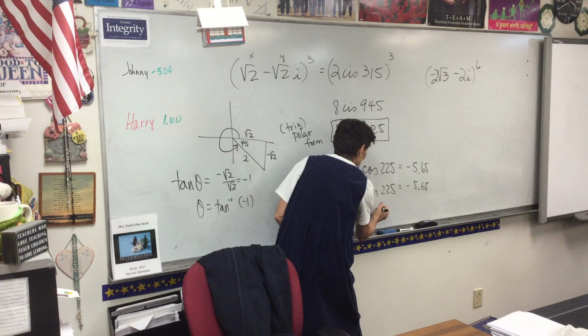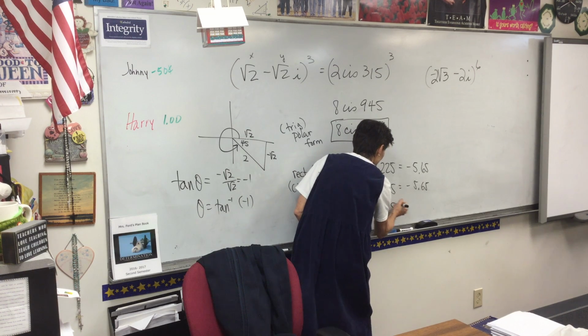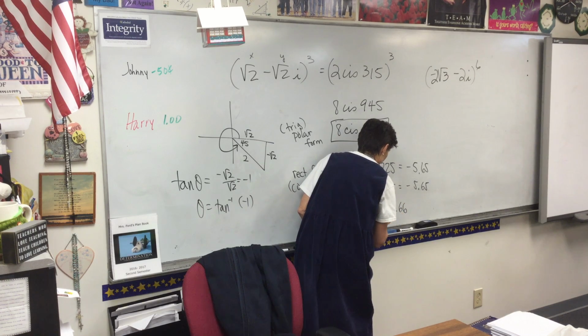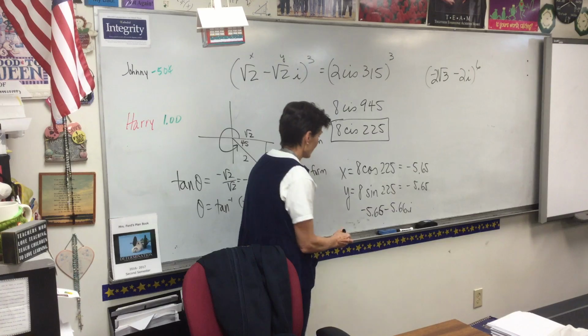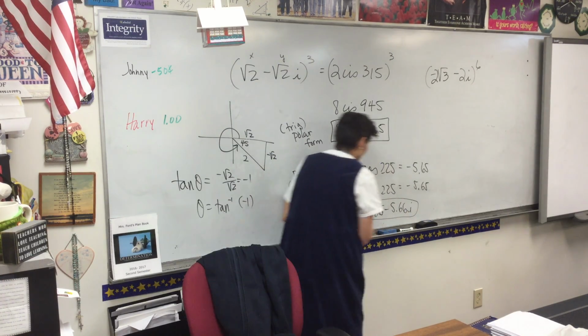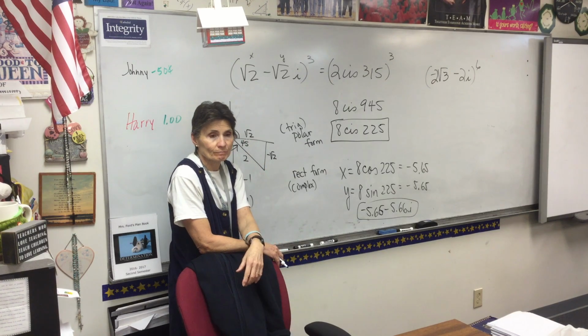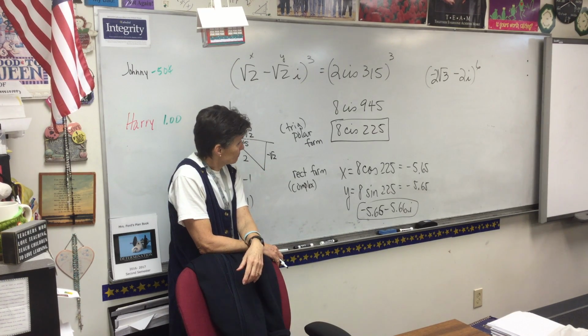So negative 5.65 minus 5.65i. So that is my rectangular form answer. You okay with that?